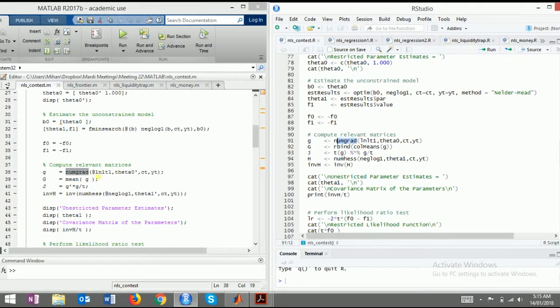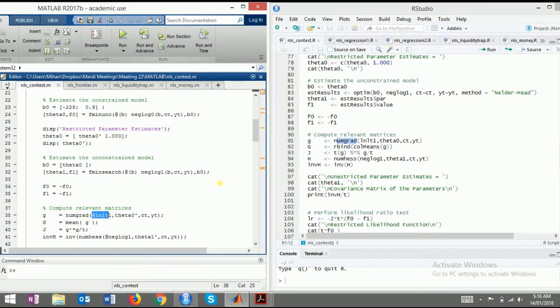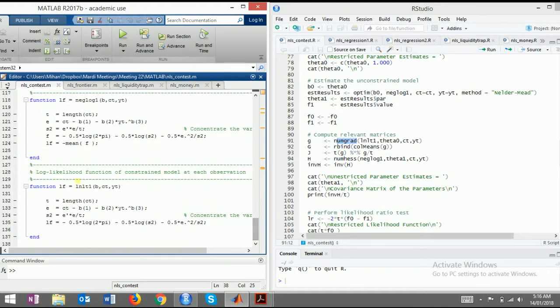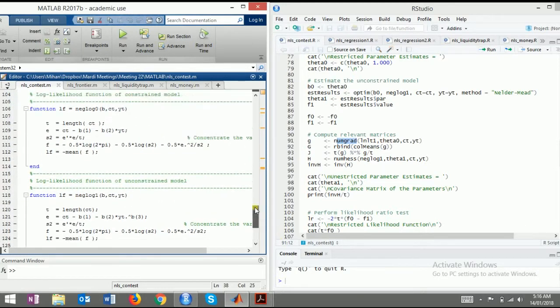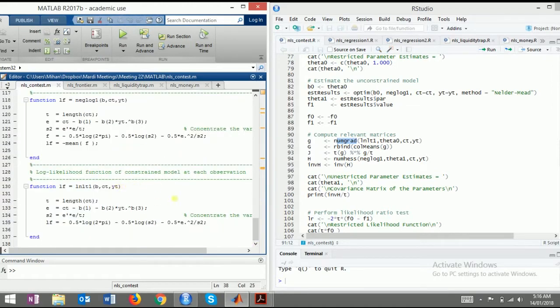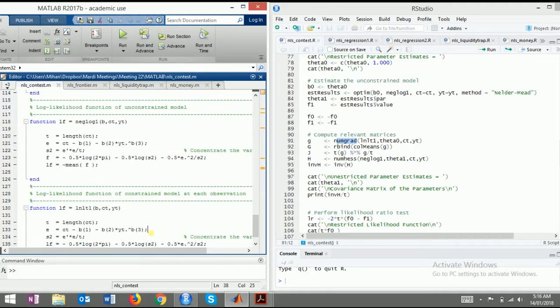So we are calling the gradient from the log likelihood function of the constrained model at each observation. Basically we want the whole function at each observation.